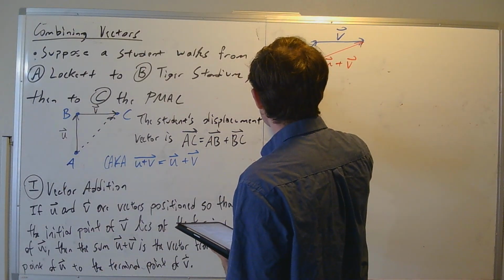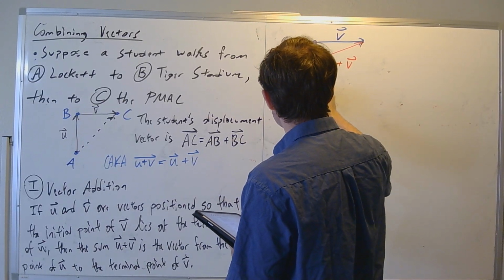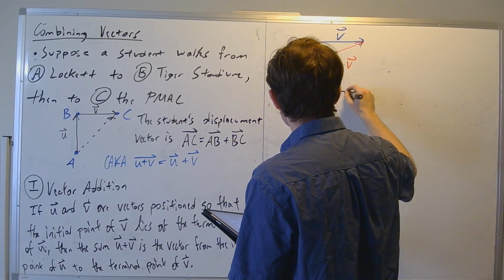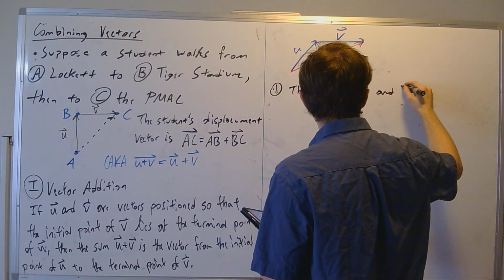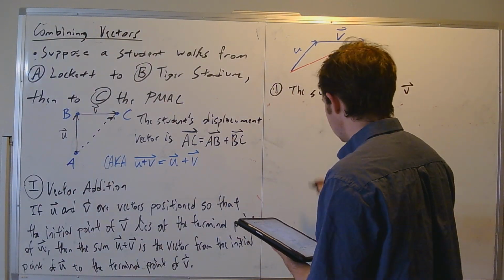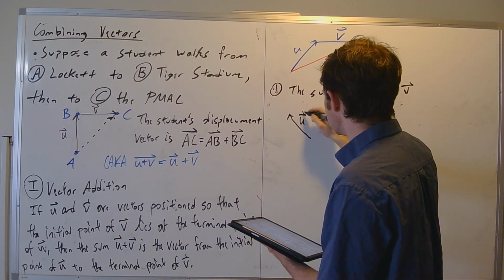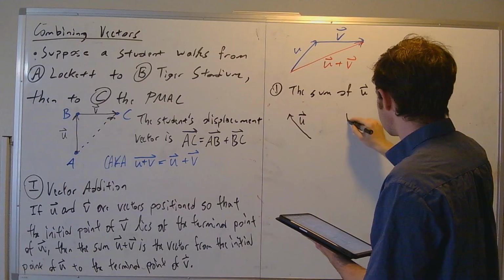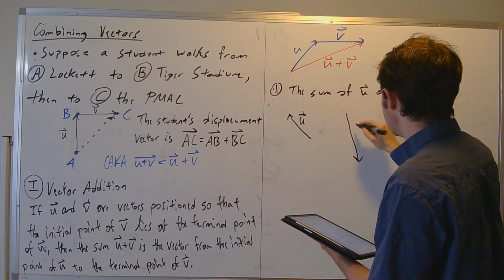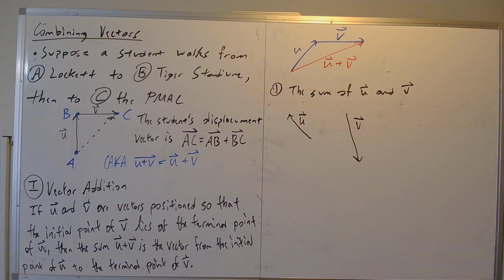So that's how we add the two vectors, but let's draw two separate vectors. Example 1: we're trying to find the sum of u and v, and I'll say that u is this vector and v is this vector, right? So we want to add these two vectors.